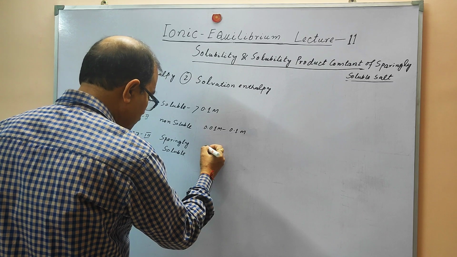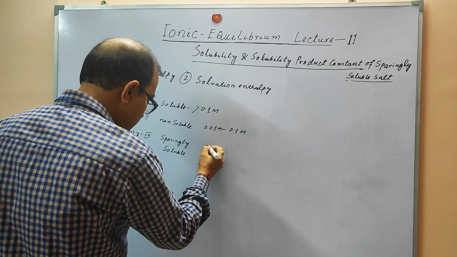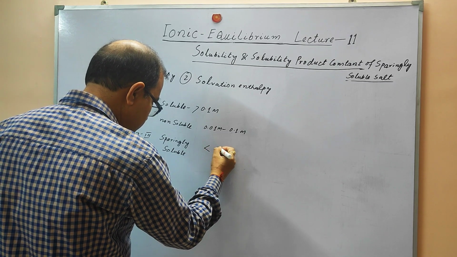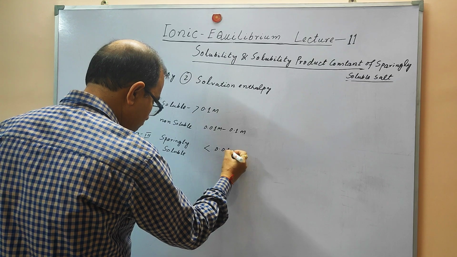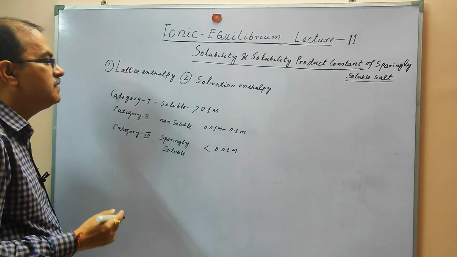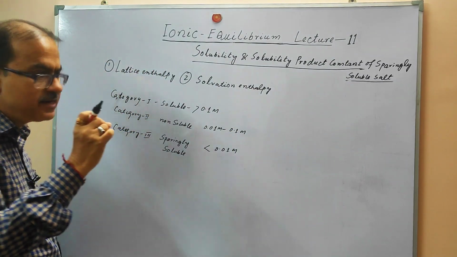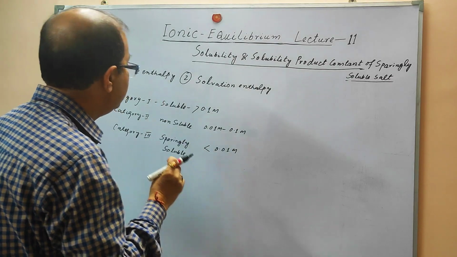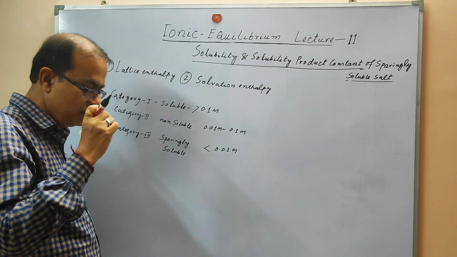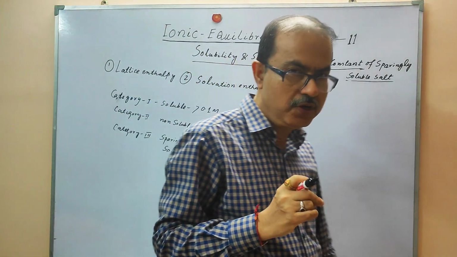Their solubility is less than 0.01 mole. So we can see there are three types of solubility with regard to ionic solids.